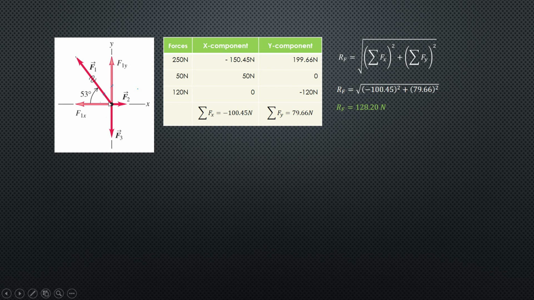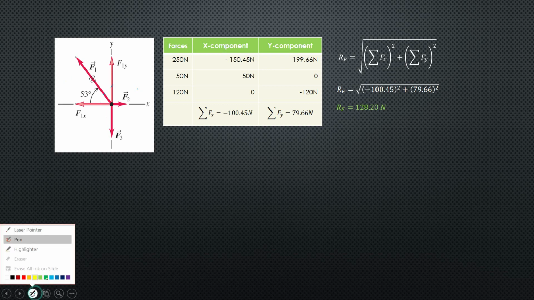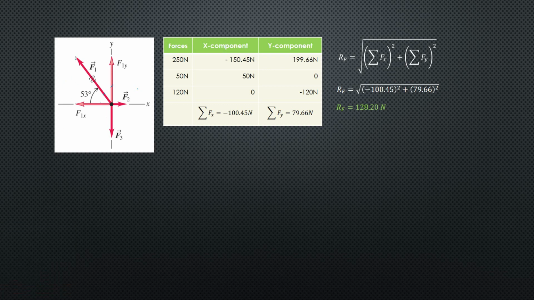For example, force 1: if the y component of force 1 is placed on this side, this is a right triangle with an angle, with an opposite side and an adjacent side.